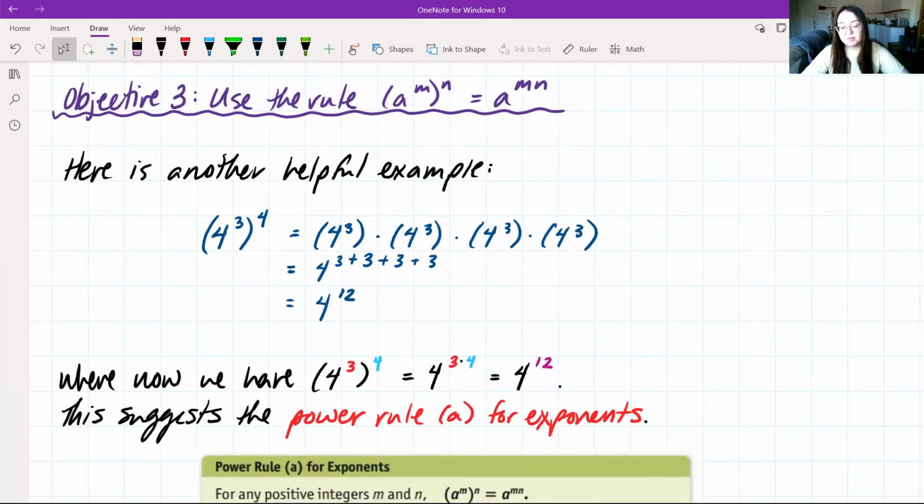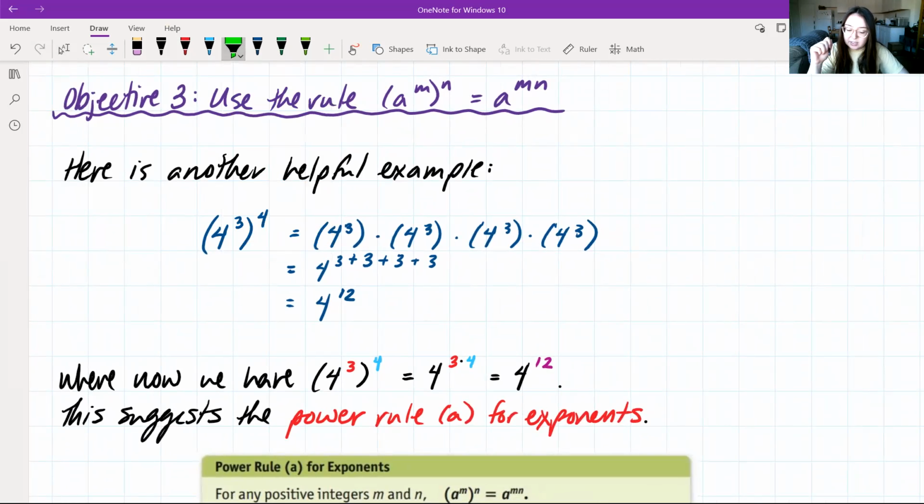All right. Objective 3, I want to use the rule a to the power of m to the power of n is equal to a to the power of m times n. So another helpful example, really what we're looking at is a number that has an exponent, but now we're raising it to another exponent.